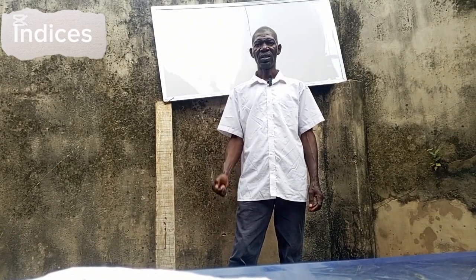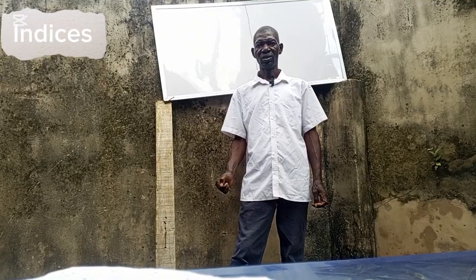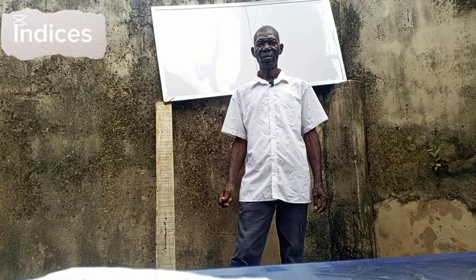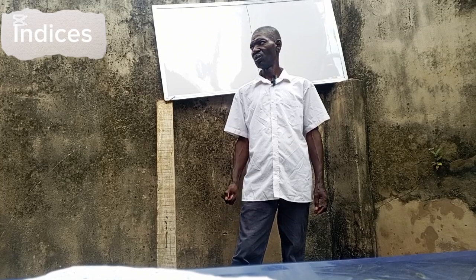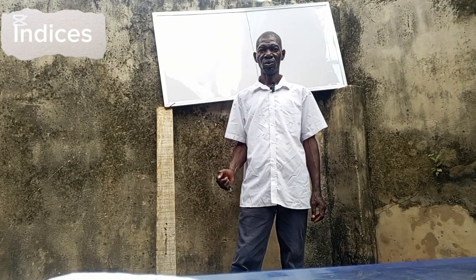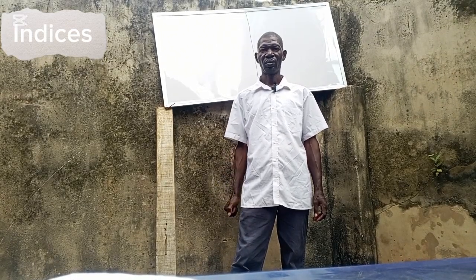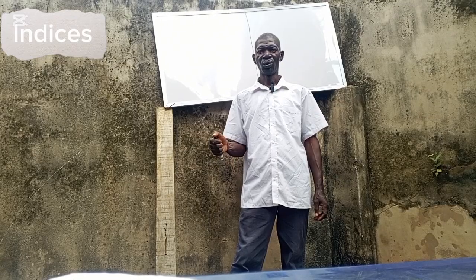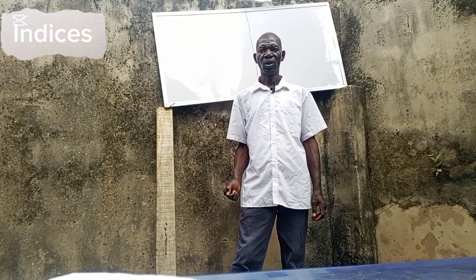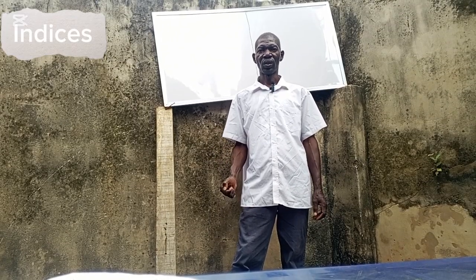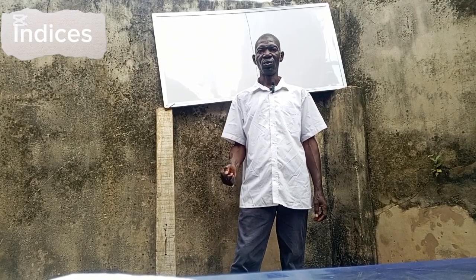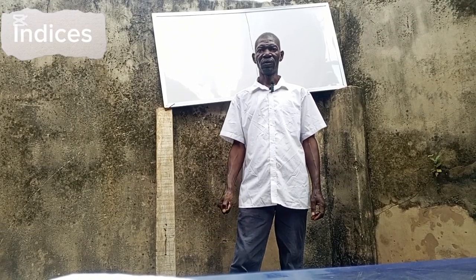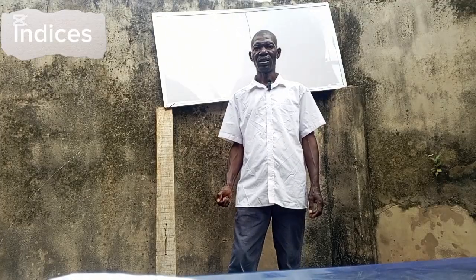That is, index tells us the number of times a base number multiplies itself. So I'm going to be walking you through step by step on how to tackle any question involving the law of indices when next you sit for your GCSE examination.